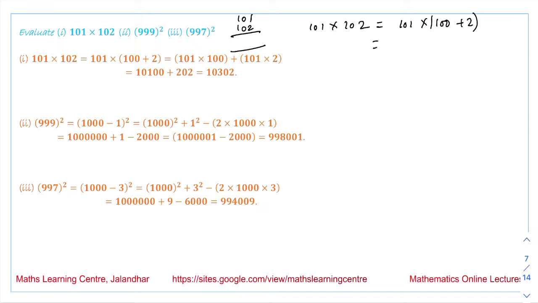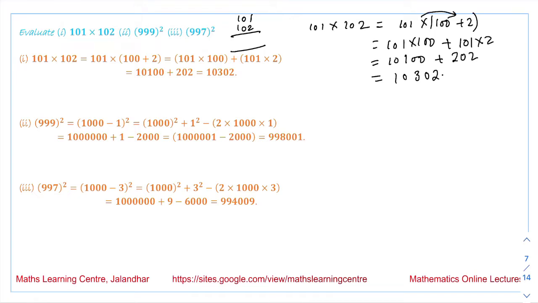So the answer you will get is 101 into 100 plus 101 into 2. So it is 10,100 plus 202. So the final answer is 10,302. So basically what we have used over here is the distributive property of multiplication over addition.